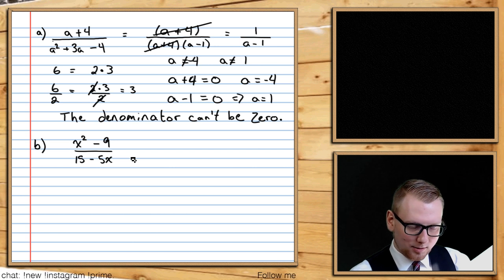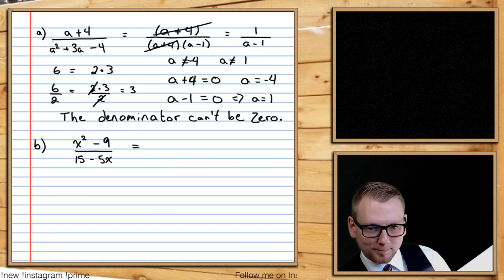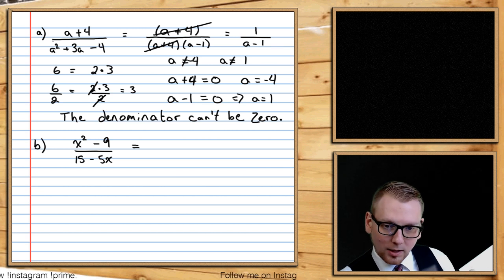Yep, numerator is difference of squares. So what does the numerator turn into? Well, the denominator can be factored still, so you're not quite done.